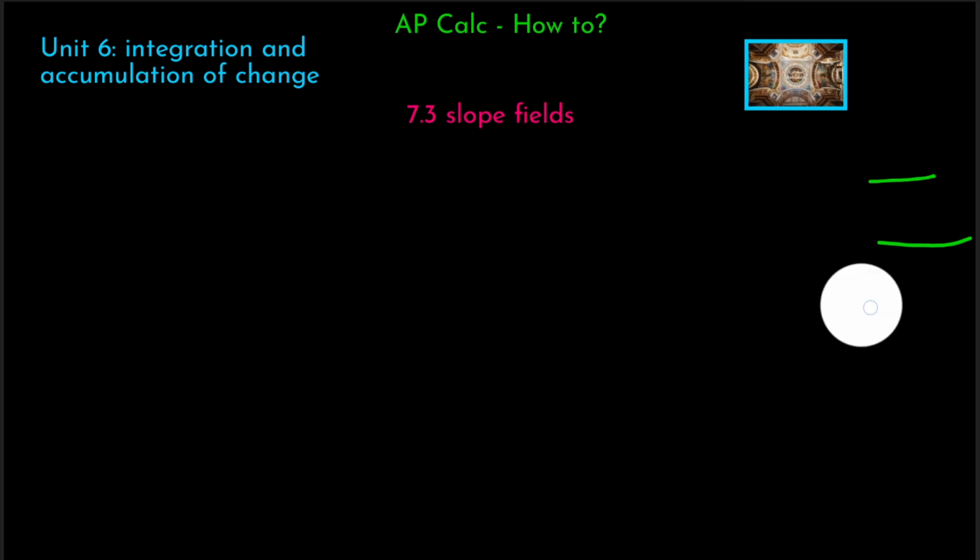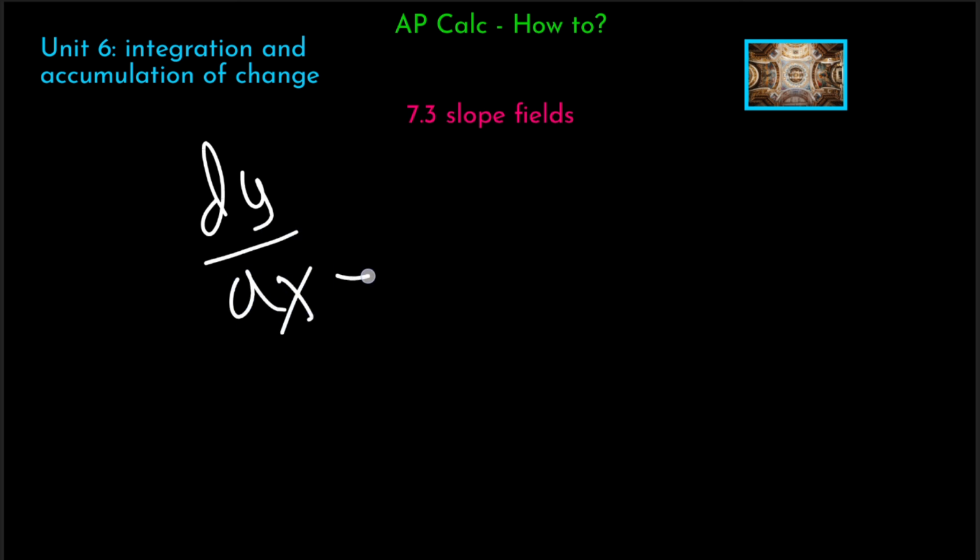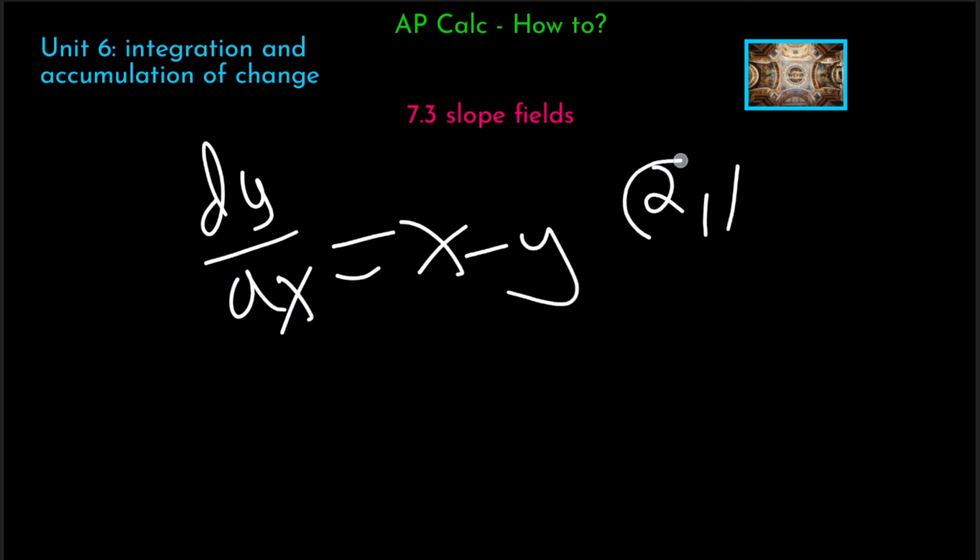So, let's go ahead and hop into some examples. If we have a function dy over dx equals x minus y, then at the point 2, 1, the slope is 1. Each segment gives a snapshot of the slope of the actual solution that you would have at each point.